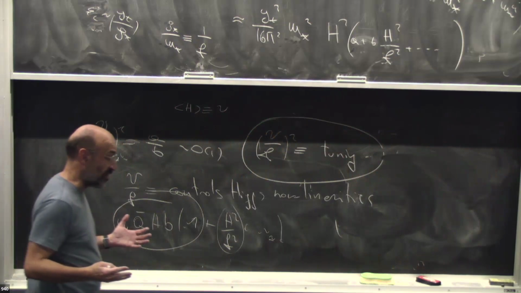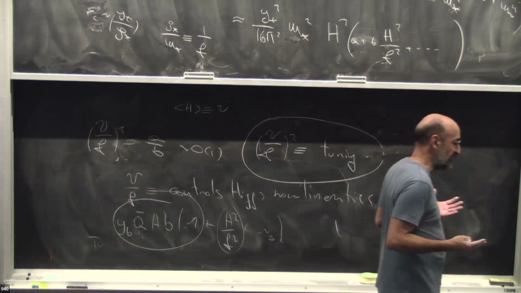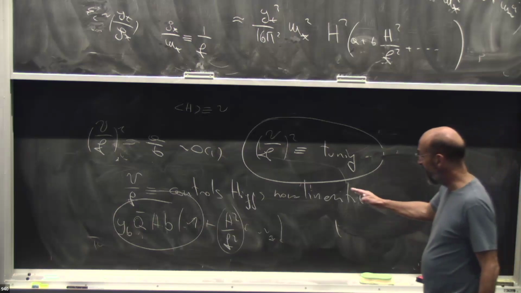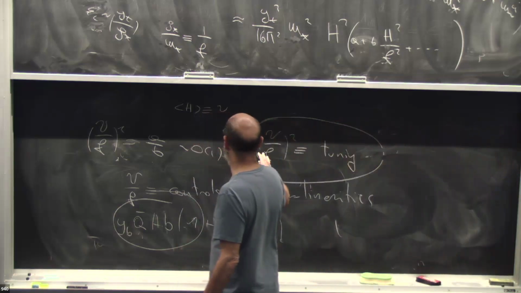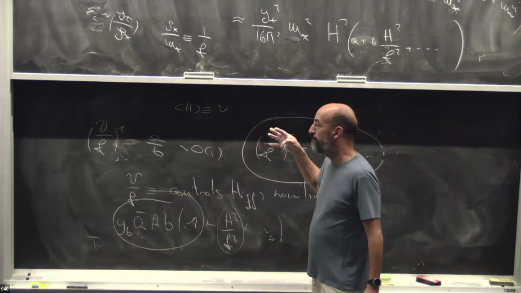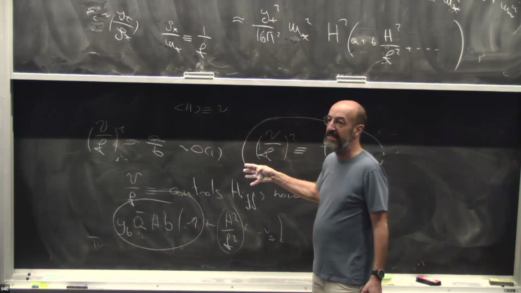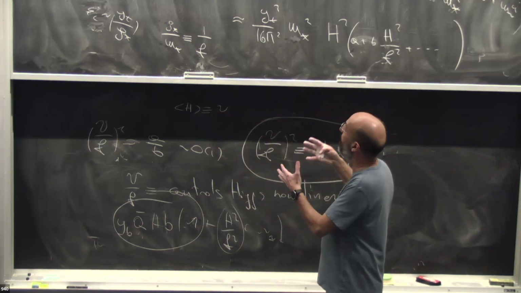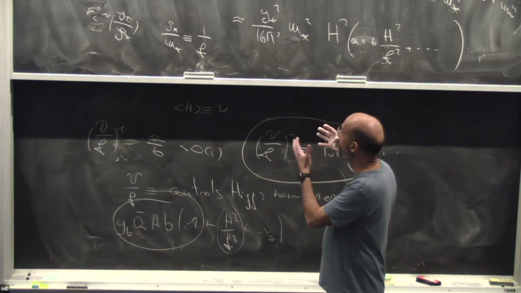But this is also realized in basically all the situations in supersymmetry. You have to really concoct things to escape this. We can debate how plausible that is. And so this tells you that measuring Higgs couplings is a very important and robust way to test what's going on in the Higgs sector.